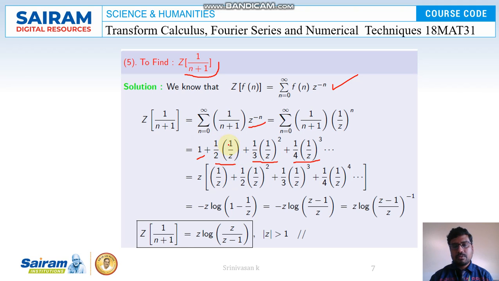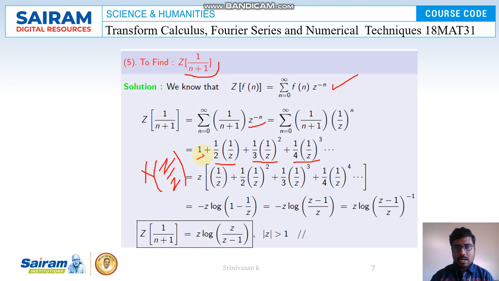So we know the formula is x plus x square by 2 plus x cube by 3. So there is no direct formula, so here I multiply z by z, and I am taking 1 divided by z inside.